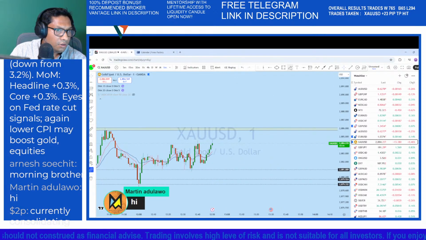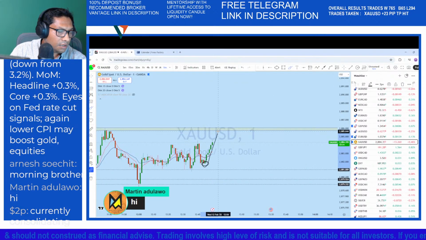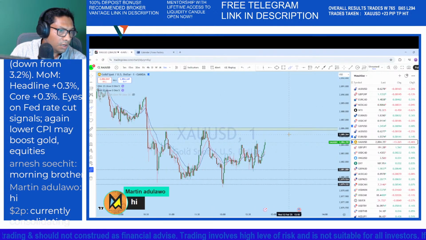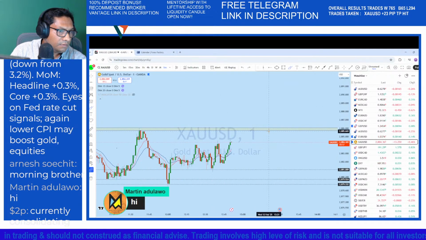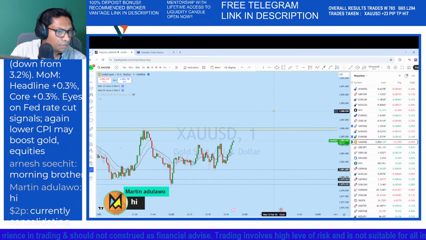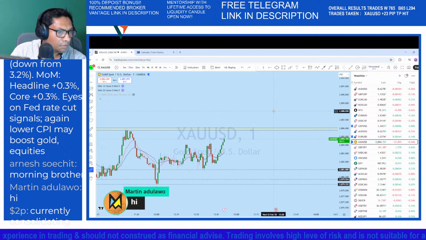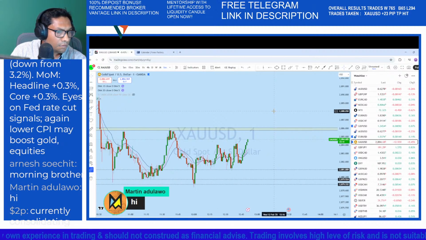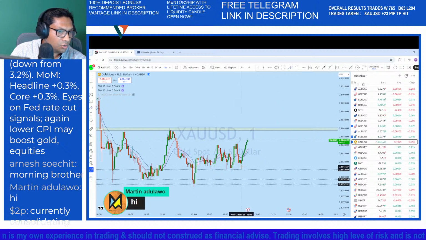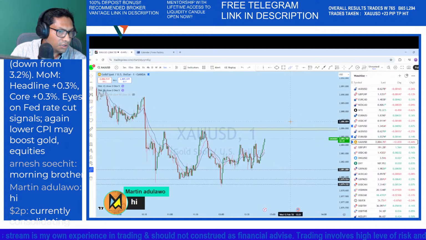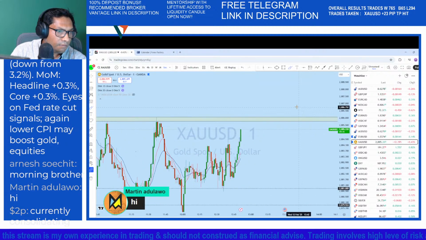From here, we can see a potential bounce here, expecting for the market to go to the resistance line. Expecting for the market to potentially bounce, go back up to the resistance to create a new higher high.